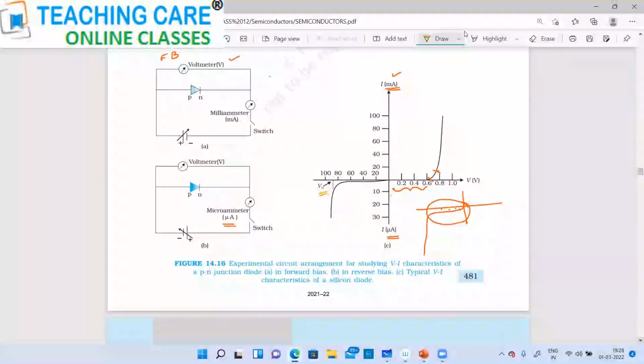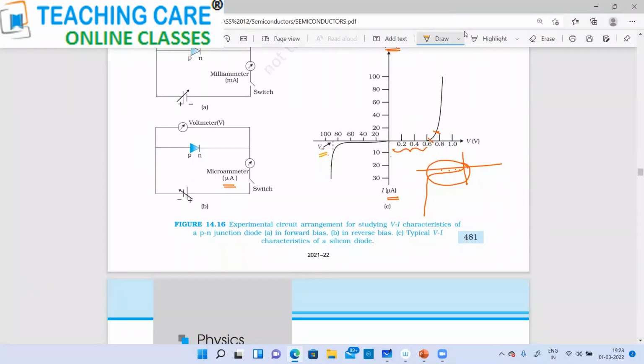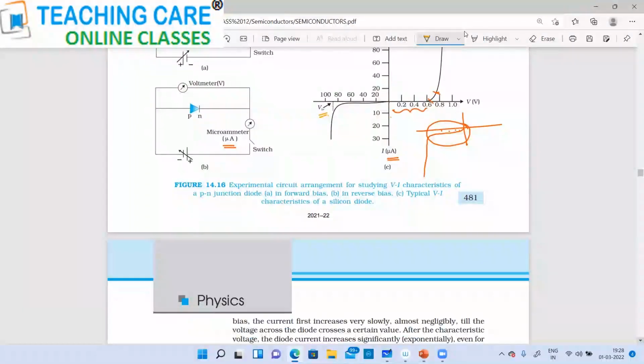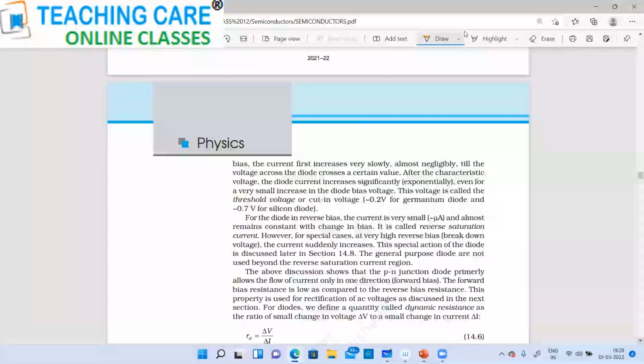In reverse bias, it is creating somewhat of a battery of reverse potential, we can say, because of the depletion region.